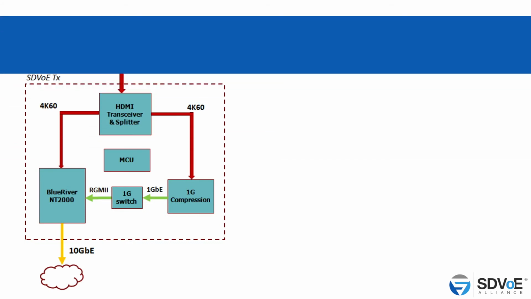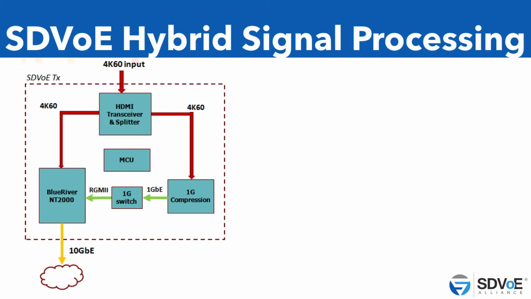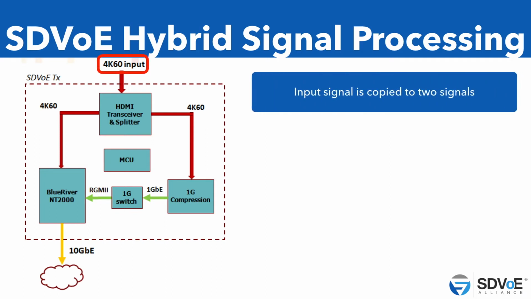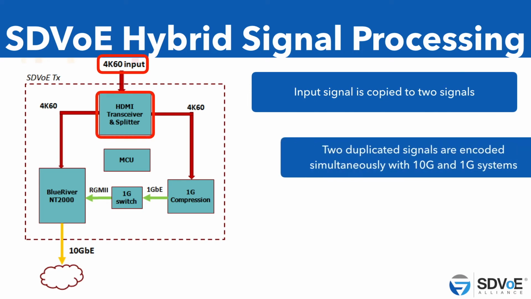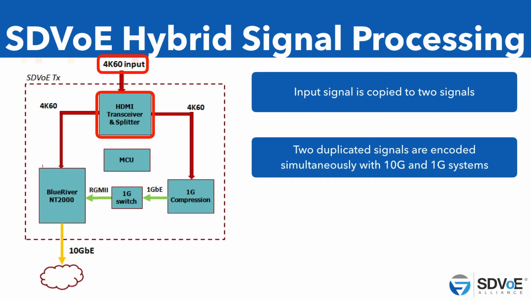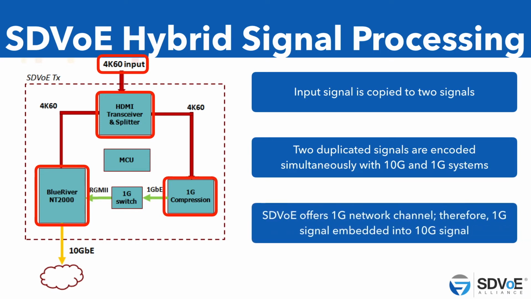So how does the internal signal processing work on the hybrid system? An input signal comes in from your video sources to our encoder. Then the signal goes through the HDMI splitter chipset. One signal goes to the Blue River NT1000 or NT2000 chipset, and another signal goes to the 1G H.265 compression chipset.